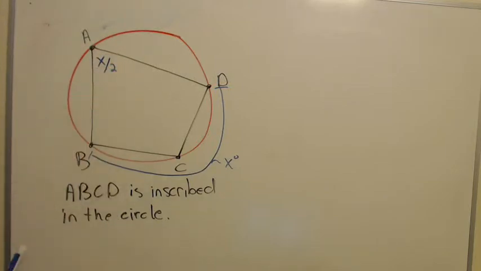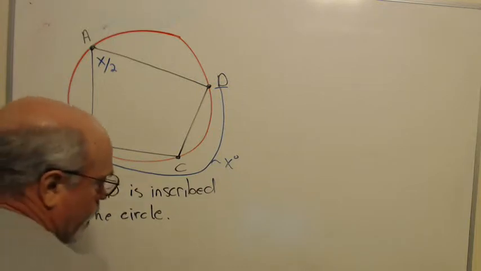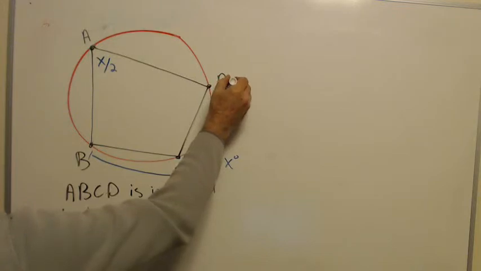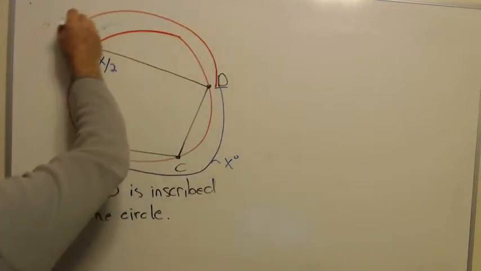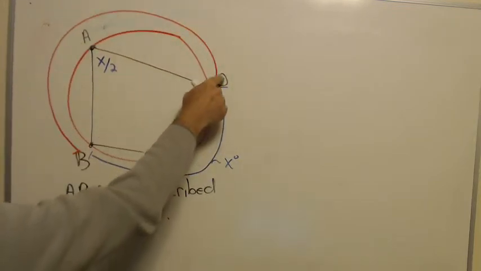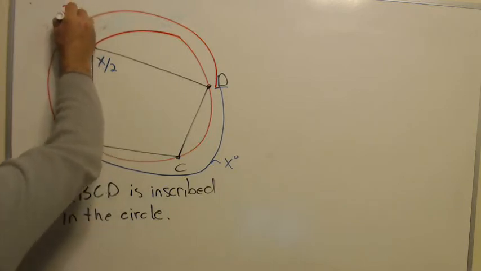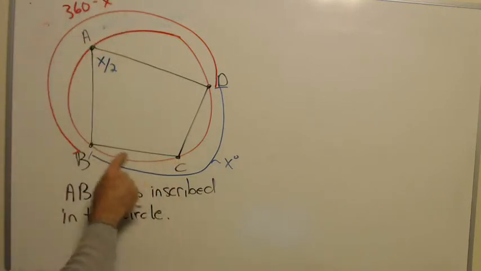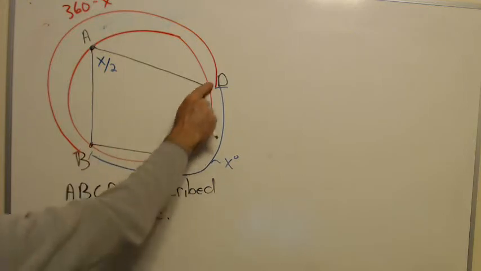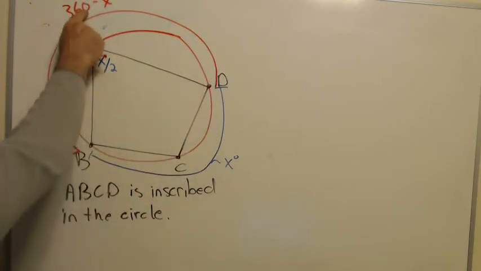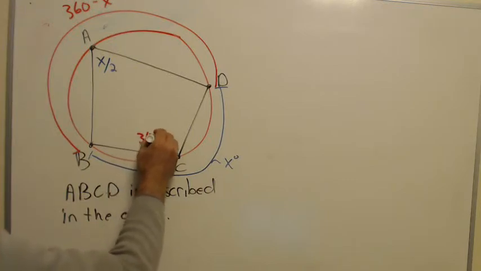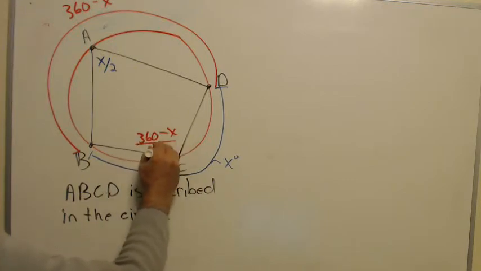Now if this arc is x, then the rest of the circle, arc DAB, would have to be 360 minus x. Well, the angle at C, angle BCD, is inscribed and intercepts it. That means its measure is (360 minus x) over 2.